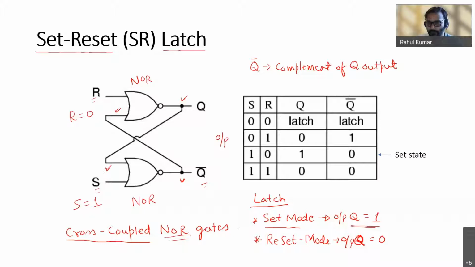In that case, output Q will be 1 and Q dash will be 0, so the latch is in set mode.